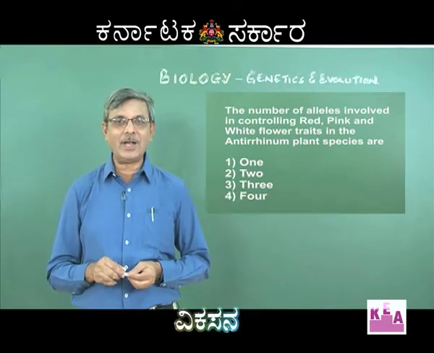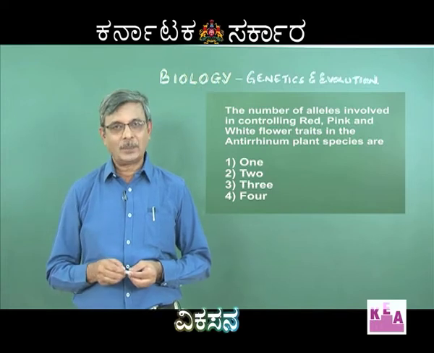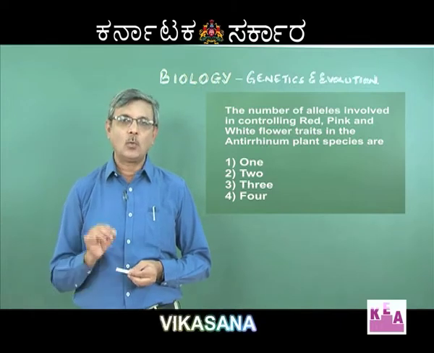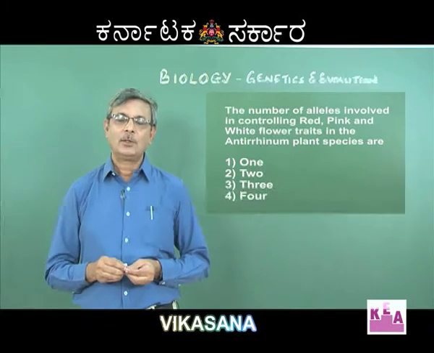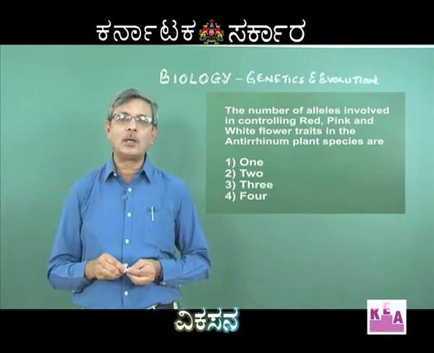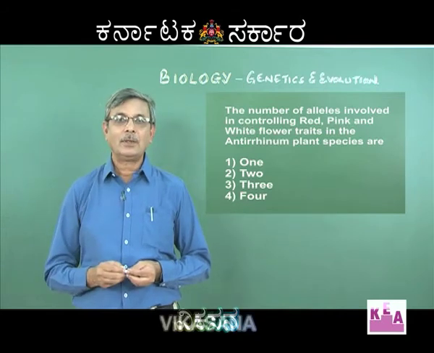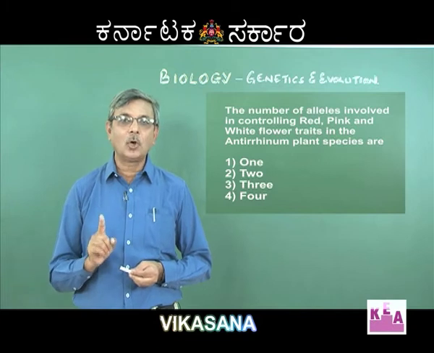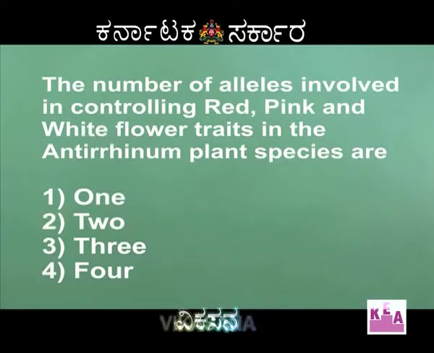One red variety, two pink varieties and one white variety. The genotypes: one capital R capital R, homozygous, red. Two capital R small r, heterozygous, not red, not white, pink. And one small r small r, homozygous, white. So the answer here is only two alleles, thereby option 2 is the answer.